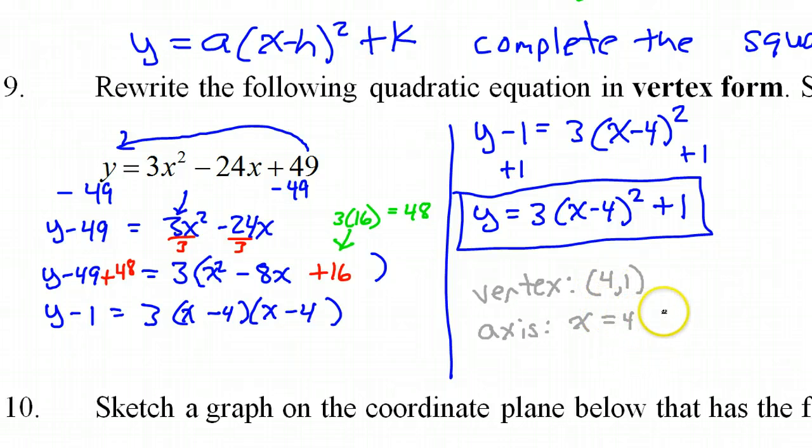Now, if you're studying for a recovery test, on the recovery test, I am likely to ask you what the vertex is and what the axis of symmetry is. So that's another reason why I'm showing you this here in gray. Alright, anyways, moving on.